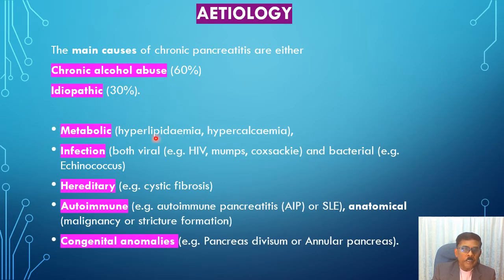The remaining 10% comes from these conditions: metabolic causes like hyperlipidemia, hypercalcemia, infections such as viral, HIV, mumps, Coxsackie, and bacterial such as Echinococcus, can be hereditary or familial, for example in cystic fibrosis, can be autoimmune, such as autoimmune pancreatitis, or accompanying cases like in SLE, anatomical malignancy or stricture formation, congenital anomalies, pancreas divisum, annular pancreas.